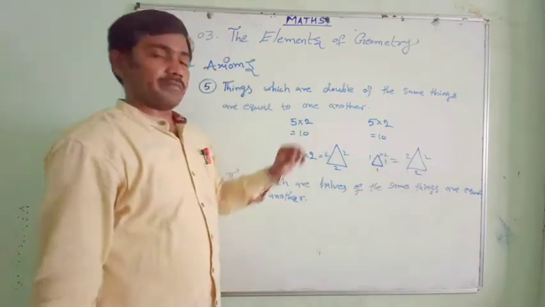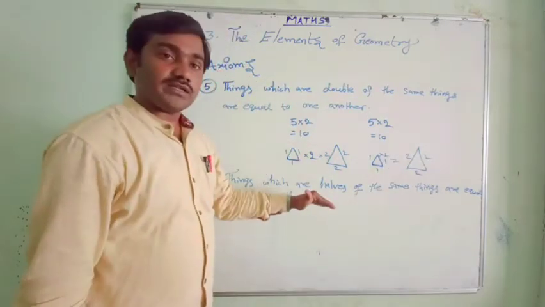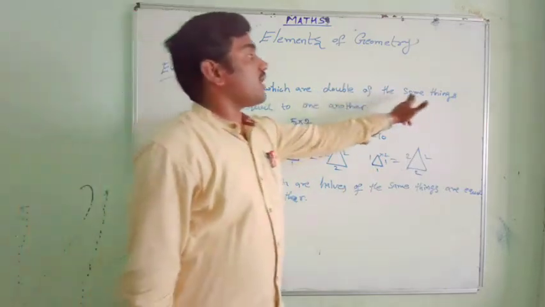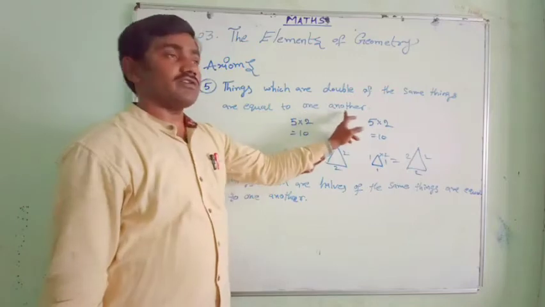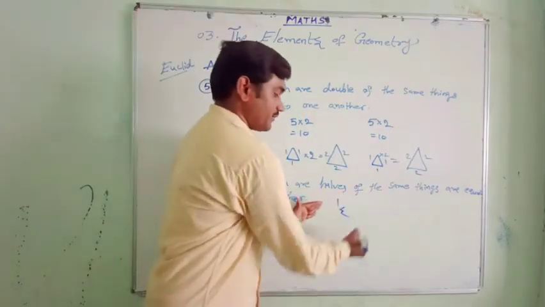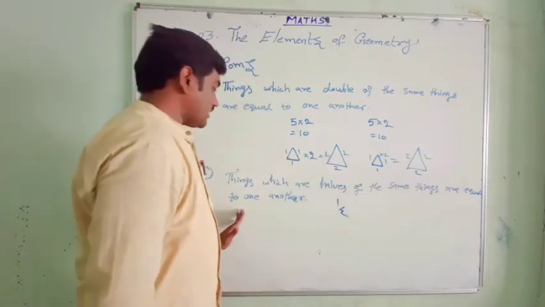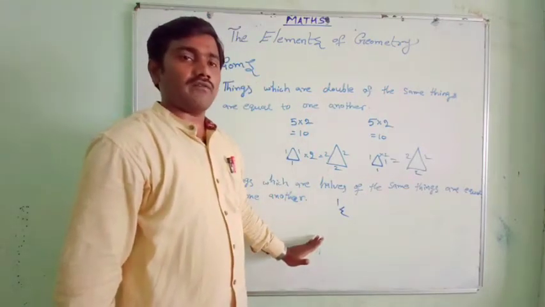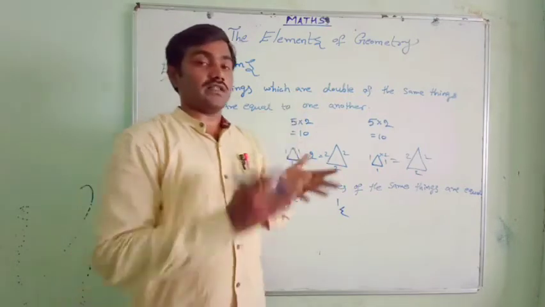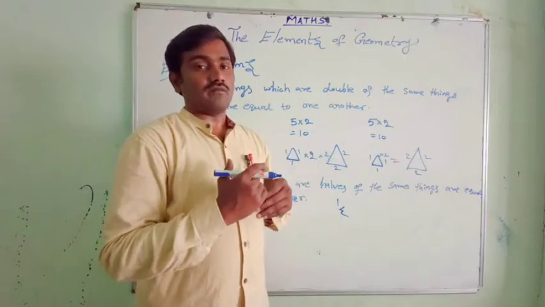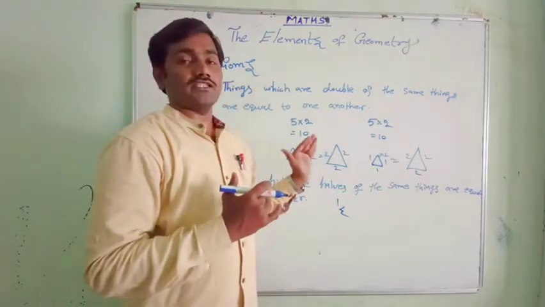If I make it a half of this, then they will also be equal. Here the things which are double of the same things are equal to one another. The things which are halves, in the sense of 1 by 2 of the same things, are also equal to one another. Both are the same. Here double, here half. And we have seen Euclid's axioms number 1 and number 2, added and subtracted.